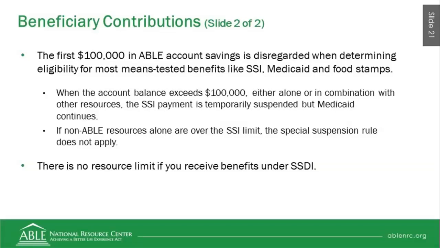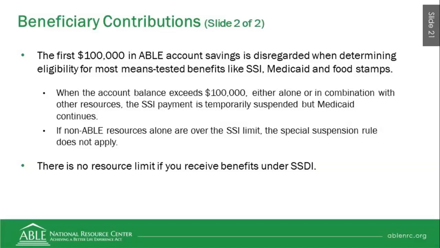That's a huge step forward because, as Miranda was asking me about earlier, before ABLE was enacted, there was that $2,000 resource limit or you could lose benefits. Right now, if that money is saved in an ABLE account, and that's a special type of account, a 529A account, it is disregarded up to that $100,000 level.